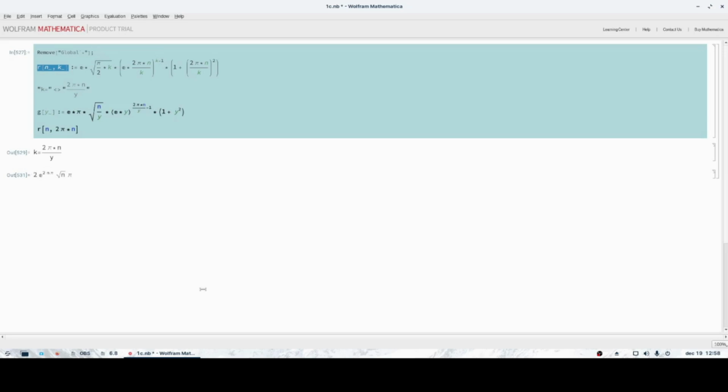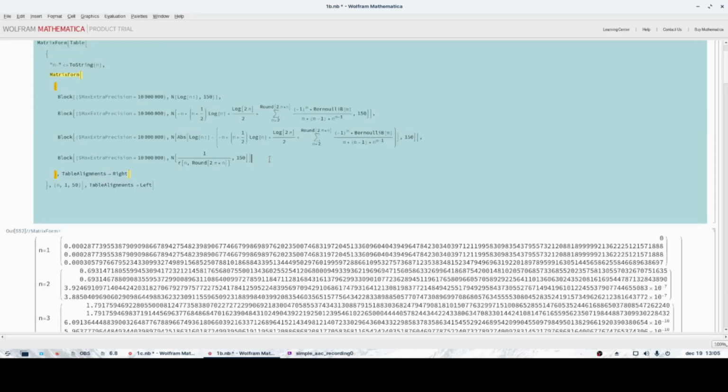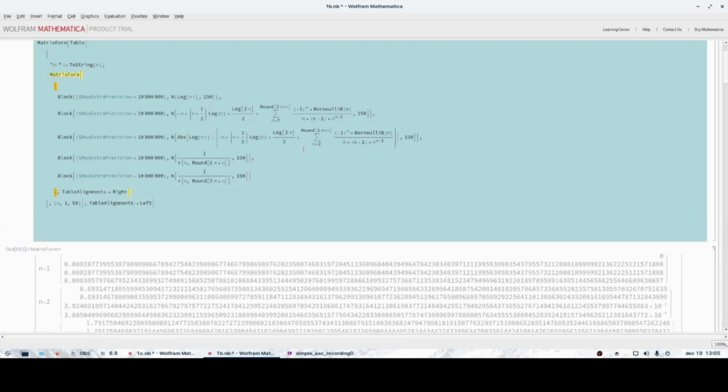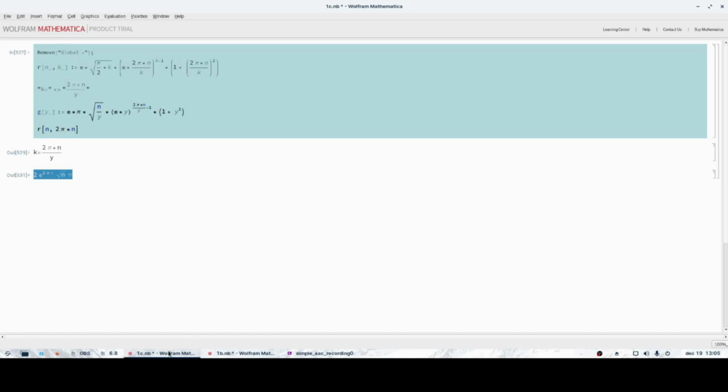So if I go back to our previous document, here is the remainder term, and now instead of this function I will use directly that value, the best approximated value from here.